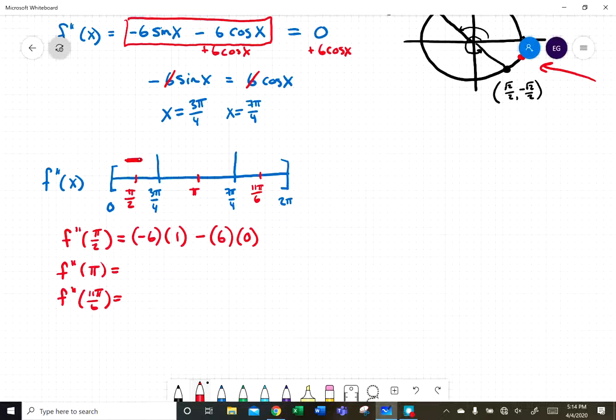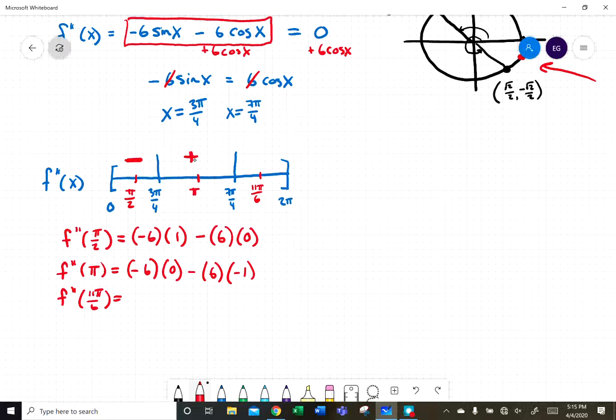If we plug in pi, let's see, we'll have negative 6 times the sine of pi, which is 0, minus a 6 times the cosine of pi, which is negative 1. So an overall value, 0 minus a minus 6, or 0 plus 6. So that test value gives us a positive result.